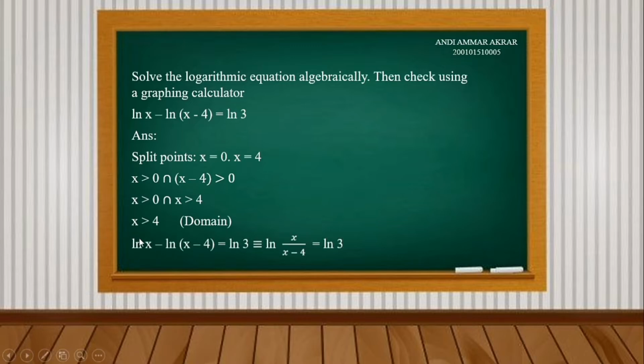We can change ln x minus ln (x minus 4) equals ln 3 into ln (x over x minus 4) equals ln 3 because they are equivalent. This we get from applying the third property of the natural logarithm, that is ln a minus ln b equals ln (a over b).